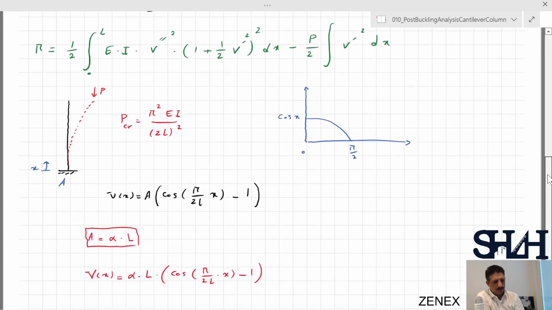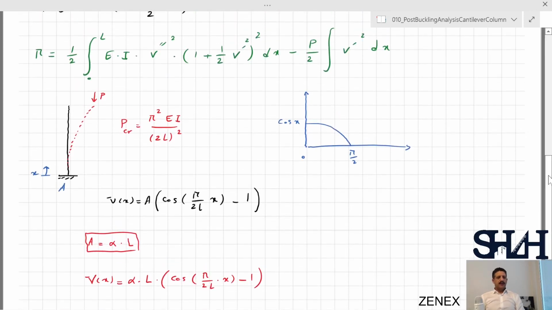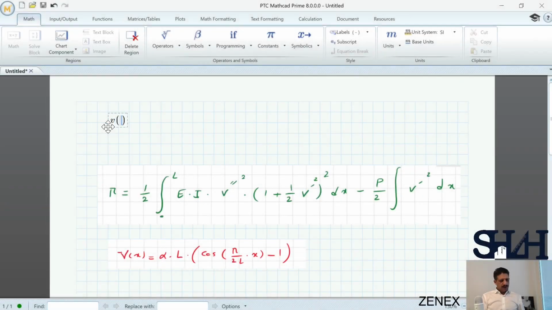And now I'm going to calculate the pi with this function that we assume. It is easier if we go to, for example, Mathcad. V is a function of x and L and alpha, and is alpha times L times cosine pi divided by 2L times x minus 1.